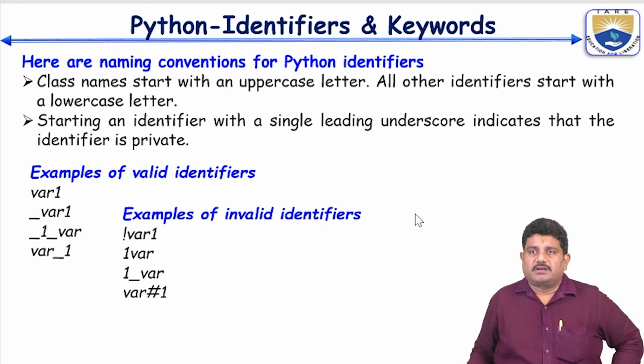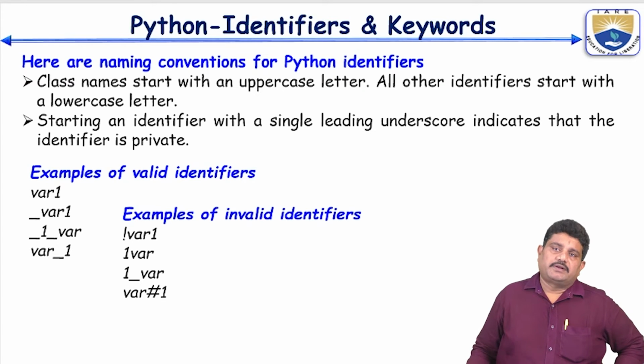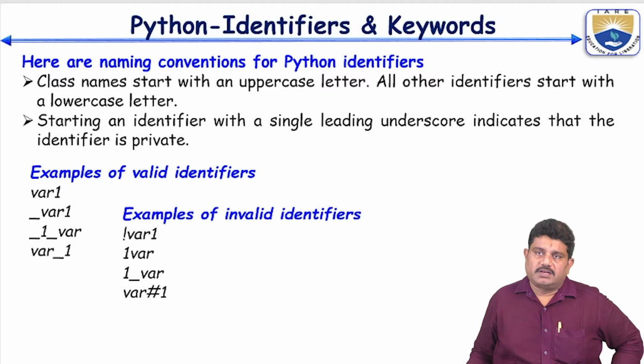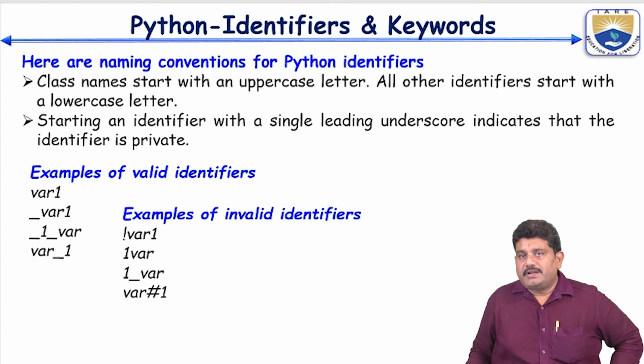For example, if you take invalid identifiers, here the variable name is started with the exclamation symbol. This is not allowed. This is an invalid identifier. Here the variable name started with the integer 1, so this is also not valid. Integers are allowed while declaring an identifier, but you should not start with an integer.